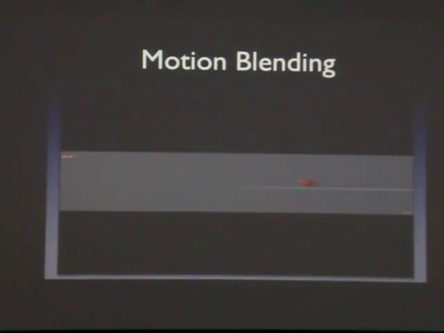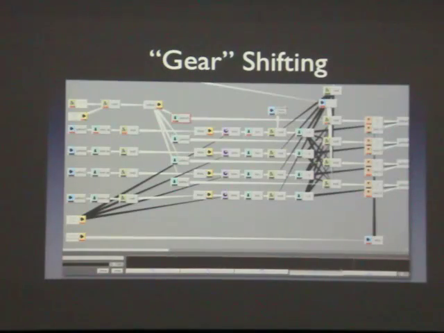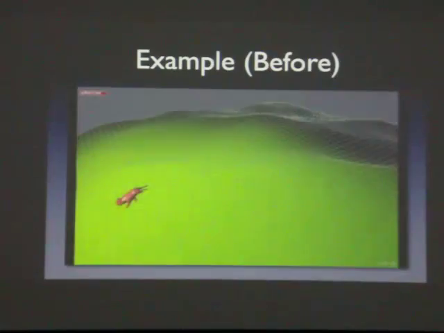So rather we did motion blending, where we would blend between different animation cycles animated at different speeds, and based on the desired speed, we blend between a couple. Again, I'm going to show you an unnecessarily complicated screenshot of Massive, where we implemented this gear shifting sort of process, where we blend between these. And here's before, where it sort of slows down at the very end, looking a little unnatural, and after, where we change to a different gait.